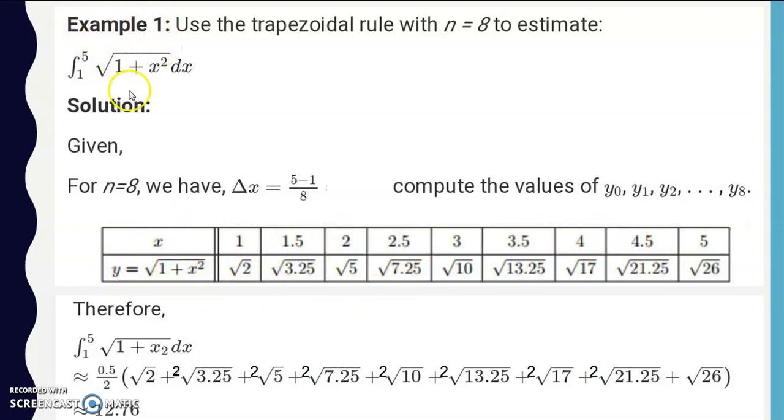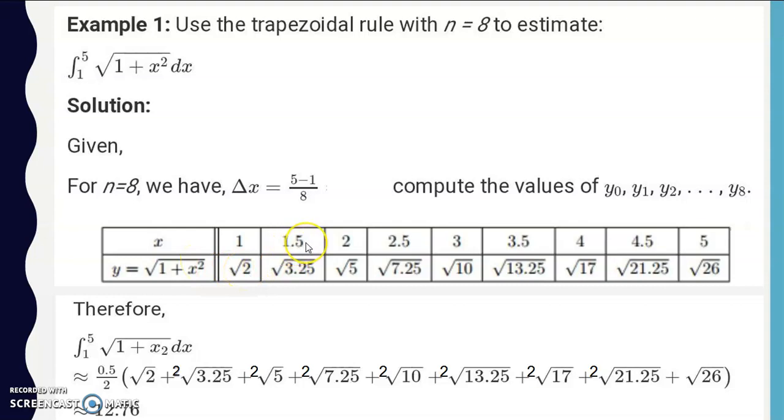After finding x values, next find y. Y is the given function. So here the function is under root of 1 plus x square. So y is under root of 1 plus x square. Now when x equal to 1, then y will be root of 1 plus 1 square, so root of 2.